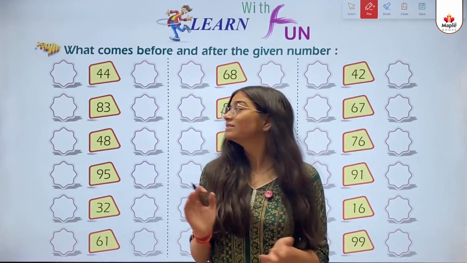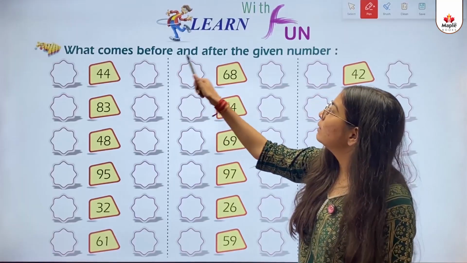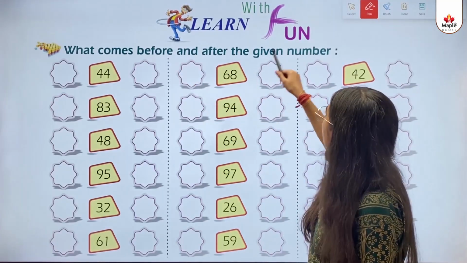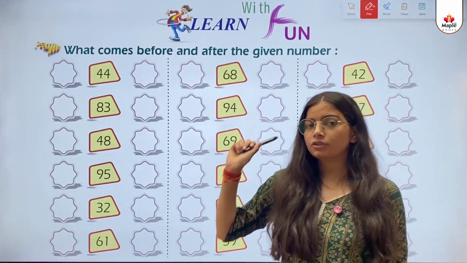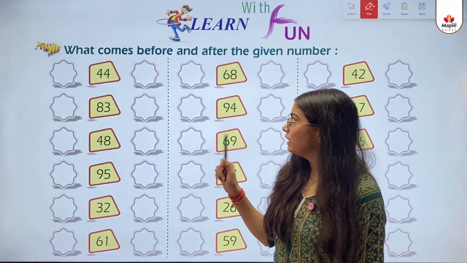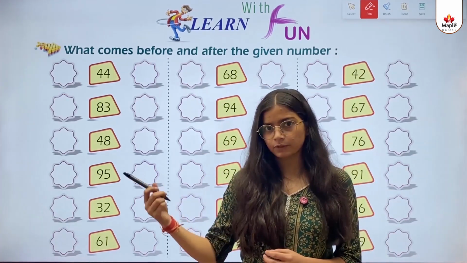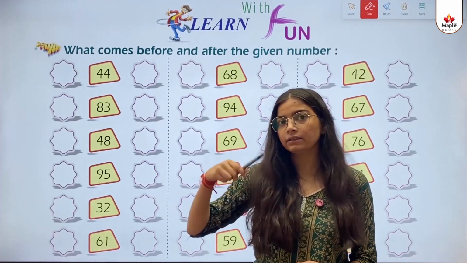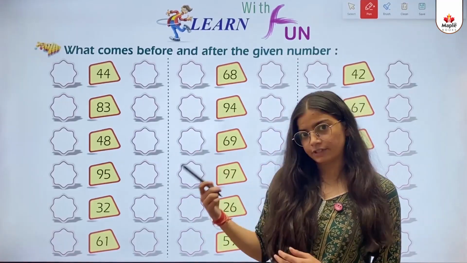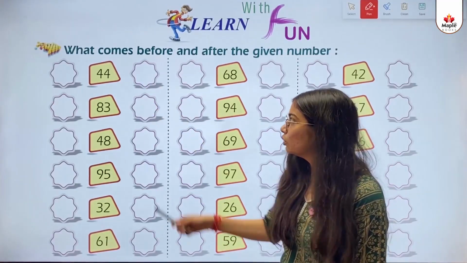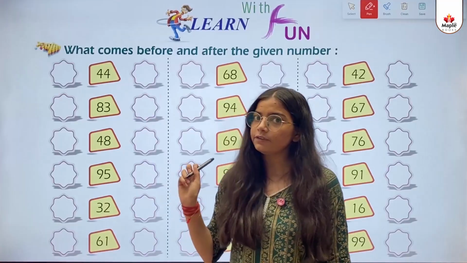Learn with fun. What comes before and after the given number? So kids, in this question we need to put the number that comes before the given number and the number that comes after the given number. The first one is 44.